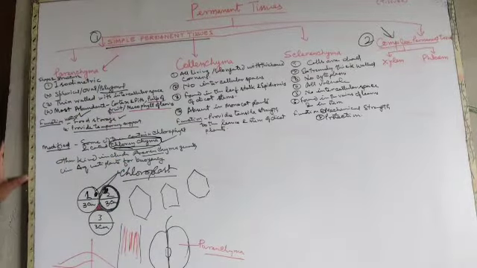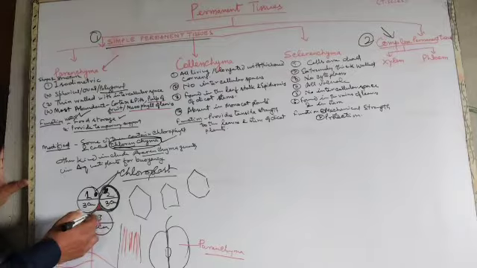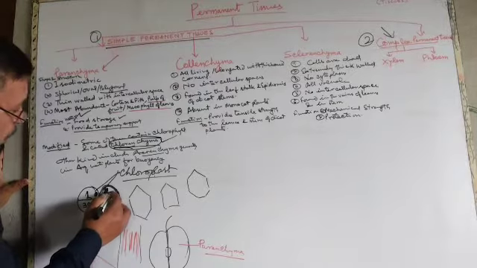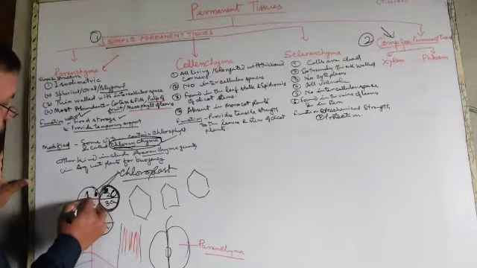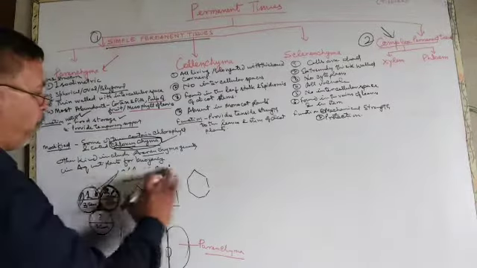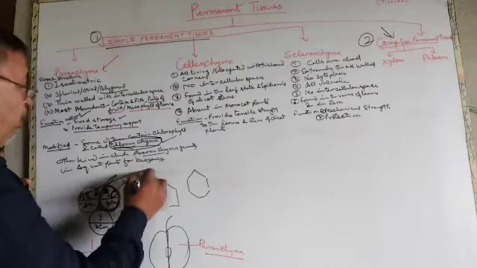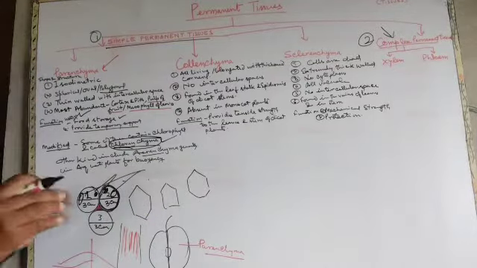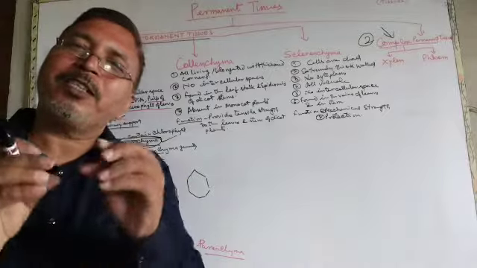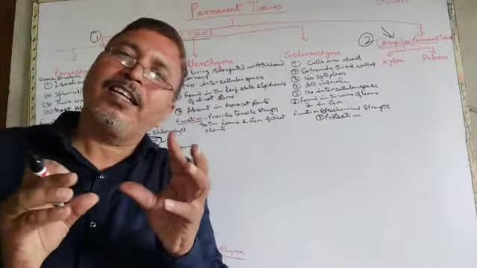There is one more kind of parenchyma where, instead of chloroplast, the cells have big vacuoles like air bubbles present in them. If you take soap and see the froth, little bubbles are there, right?